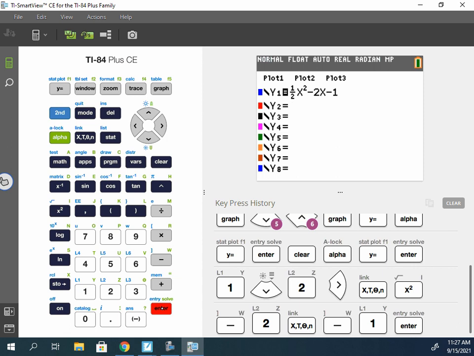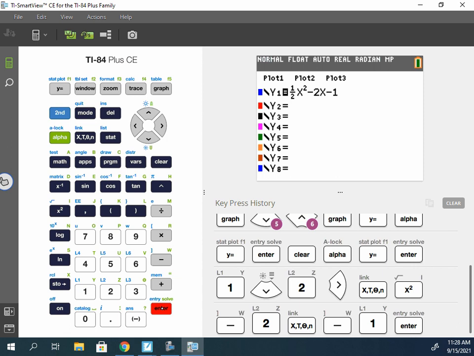Let's see here. Okay, so it's not wanting to do fractions. I'll have to look at the memory.